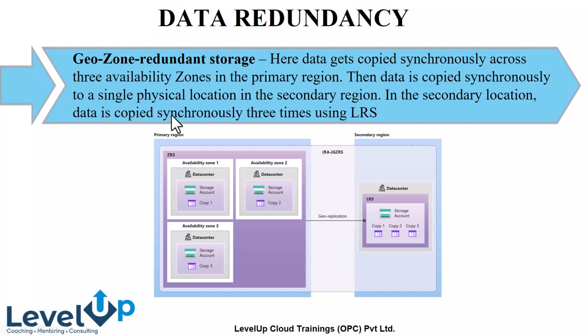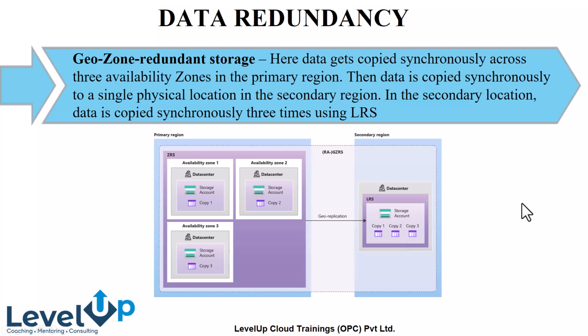In the secondary location, data is copied synchronously three times using LRS. So, on the source, that is in the primary region, data is stored in three zones, but in the secondary region, data is stored in only one zone. These are the different redundancy options that are available on Azure Storage accounts.